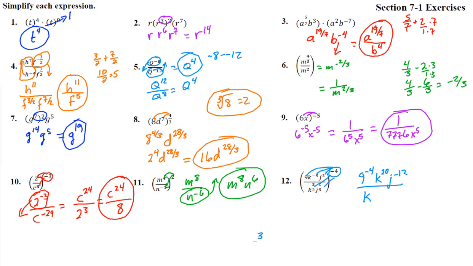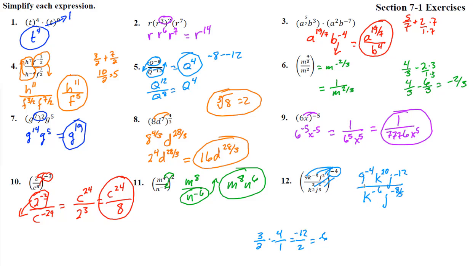Let's go down here and write that down. 3/2 times -4, that's over a 1. That's -12 over 2. That's a -6. So this is k to the -6, and then j 2/5 times -4, that's just a -8/5.